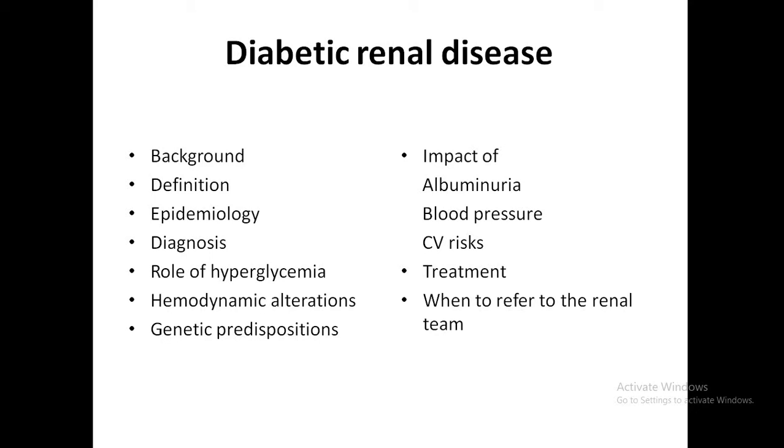We'll discuss the background, the definition of nephropathy, epidemiology, diagnosis of nephropathy, and the role of various factors in the evolution of nephropathy, such as hyperglycemia, hemodynamic alterations, genetic predispositions, and the impact of albuminuria, blood pressure, and cardiovascular risks on diabetic renal disease, and the treatment and the referral criteria for renal.